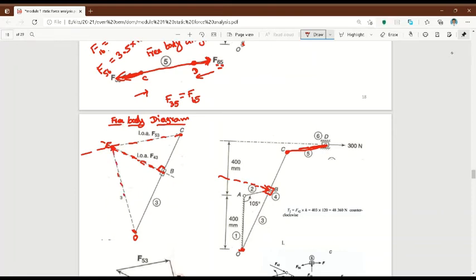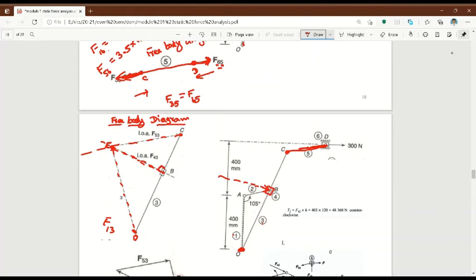So connect E and O, and this is the line of action for F13, because this force is acting at a point between 1 and 3, so the name of the force is F13.